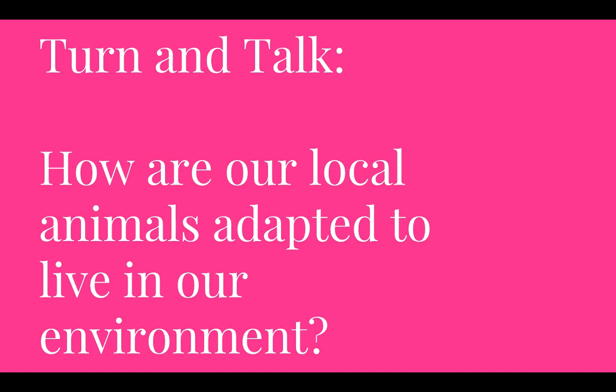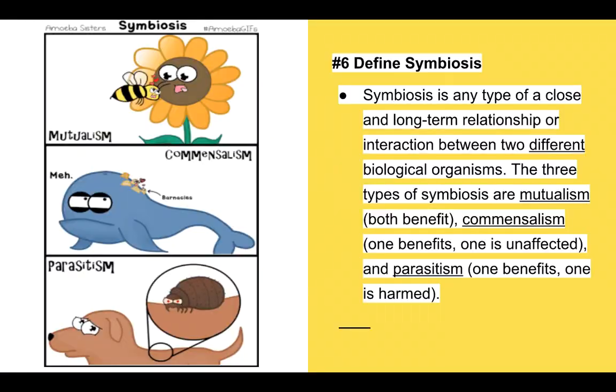Some other ways, so hibernation. So some of our animals hibernate. So they kind of sleep when it gets cold. So hopefully you've come up with a few different types of adaptations that animals might have in our environment.